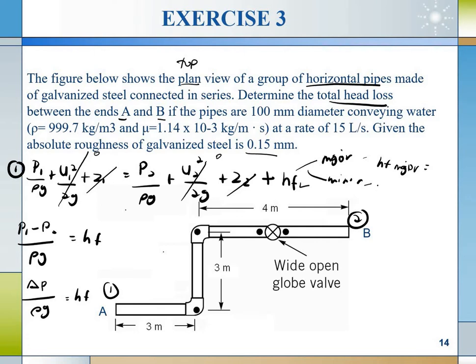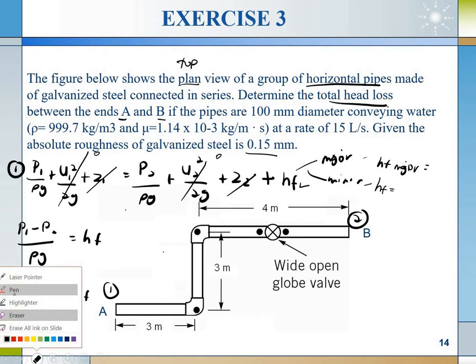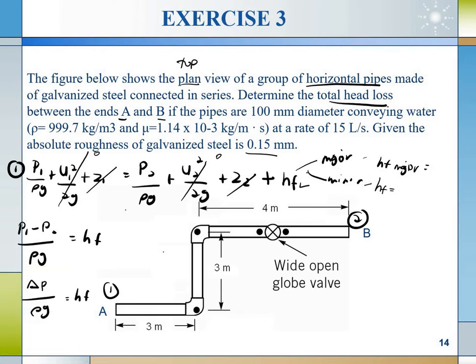Remember in part 2, we learned about HF is equal to delta P over rho g, HF is equal to f L V squared over 2 g D. So here we have g, we have L also we can get from here.